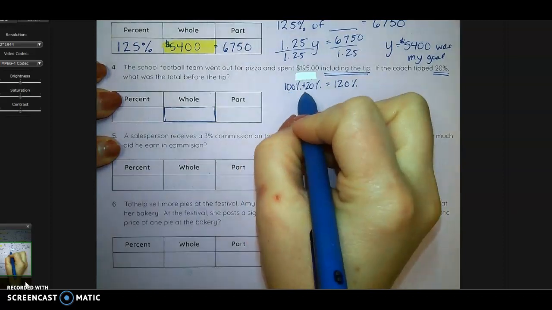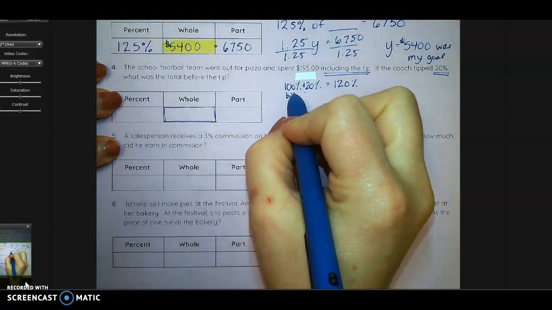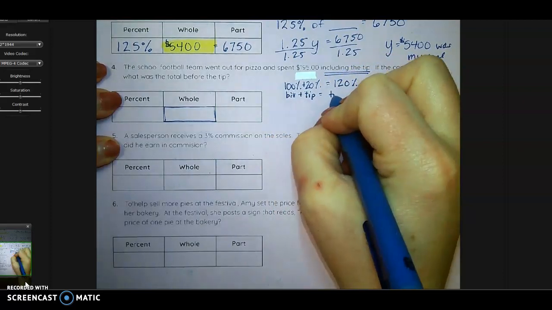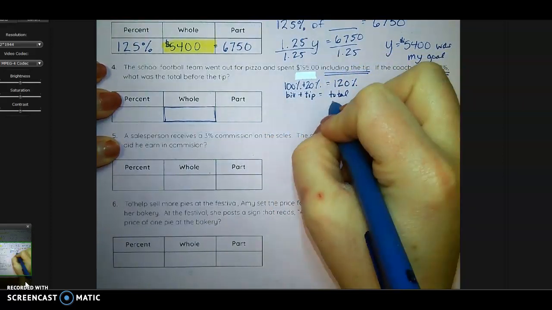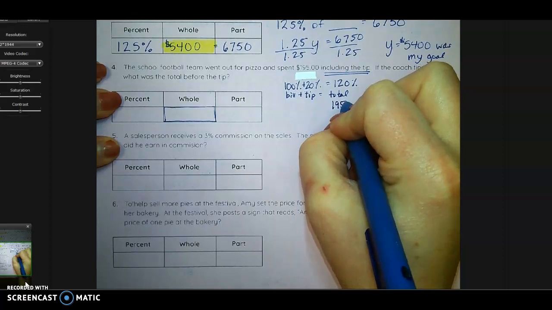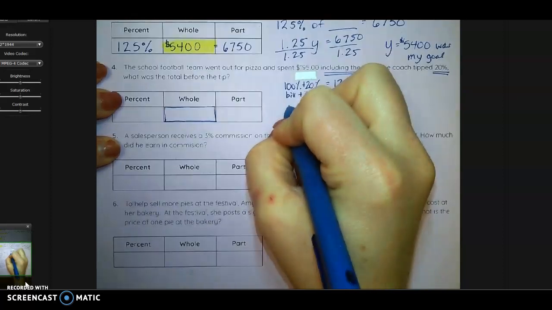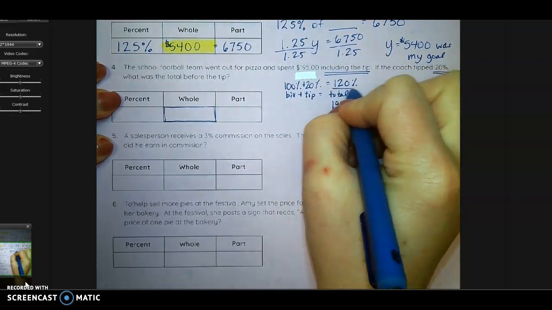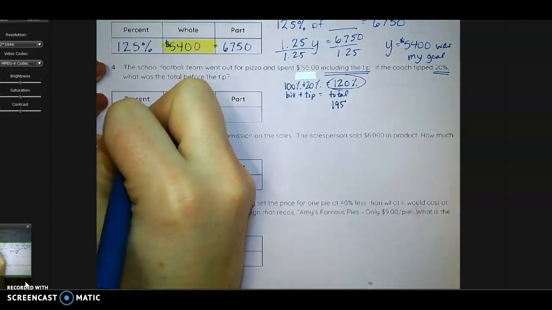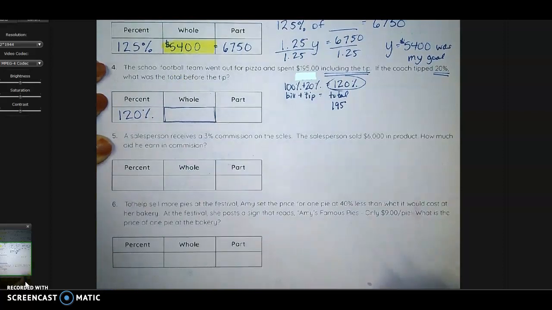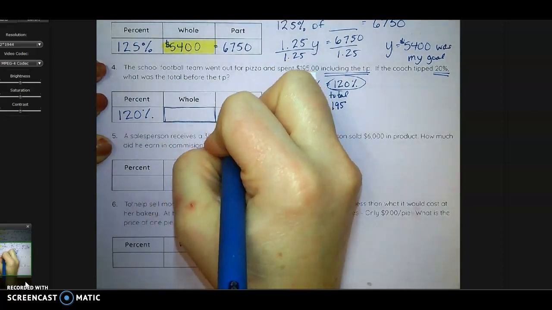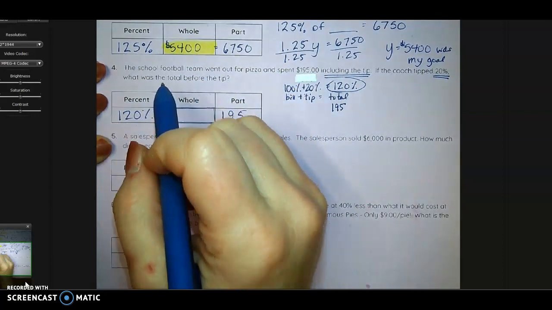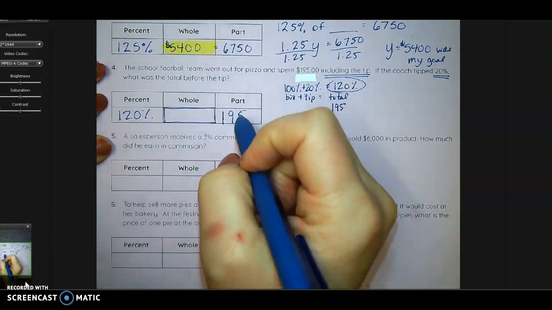So we are adding those percents together. So this is the bill plus the tip, and that gave me my total. So $195 total. I don't know what my bill was, but I also have my tip. So I'm going to use 120% as my percent. Kind of similar to the one above it, 120% of something gave me what I ended up paying at the end.